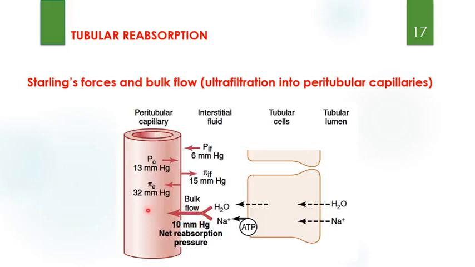As you remember, at the level of the glomerular capillary, it was plus 10 millimeters of mercury favoring filtration, but here, due to lower hydrostatic and higher oncotic pressure, 10 millimeters of mercury favors reabsorption into the peritubular capillary around the renal tubules.